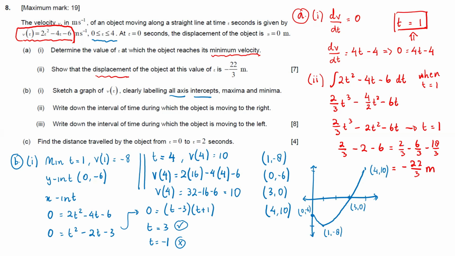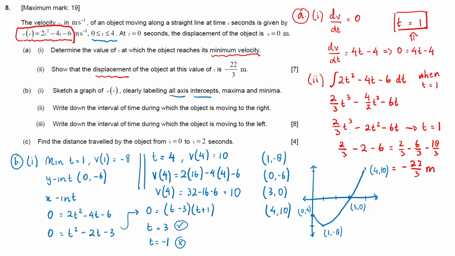Okay, all right. So that's the question for sketching right there. Now, the next question: write down the interval of time during which the object is moving to the right. When the object is moving to the right, it means the velocity is going positive.